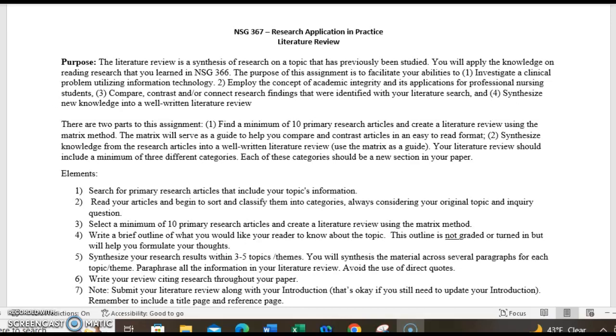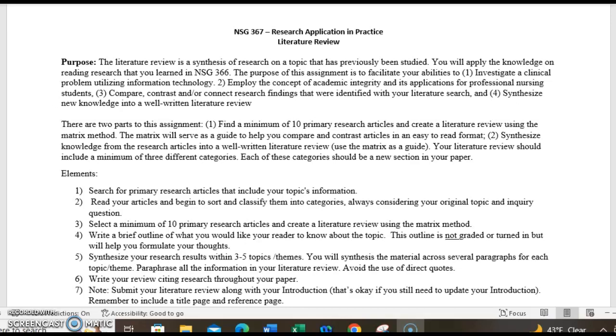Now, I understand that you may not have had an opportunity to go back and make any edits that I recommended with regards to your introduction, but please do include your introduction with your submission of the literature review. The introduction will not be graded again at this point, but it just helps for me to see where your introduction is and how it flows into the literature review.